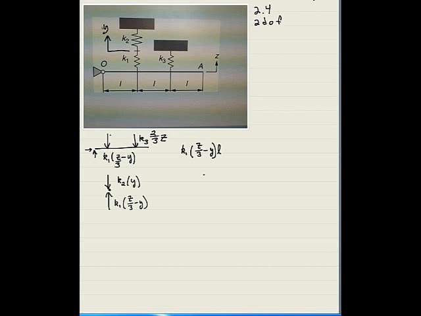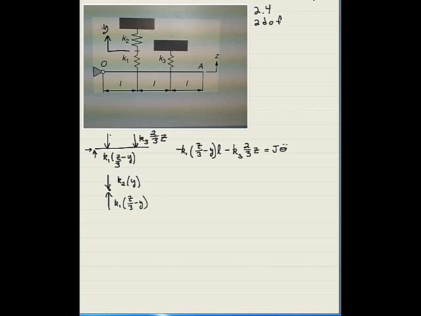So I need a negative on this one. Now the other force that I have is from the K3. It also produces a negative moment. So it would be a negative K3 times 2/3 of z. And this is equal to moment of inertia times theta double dot.